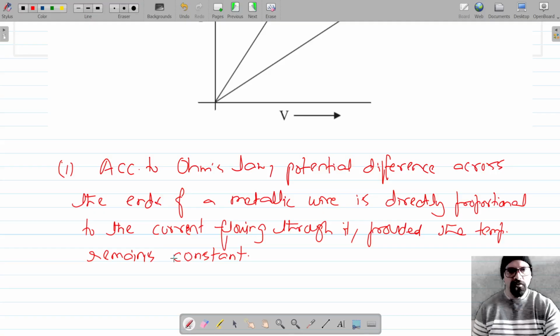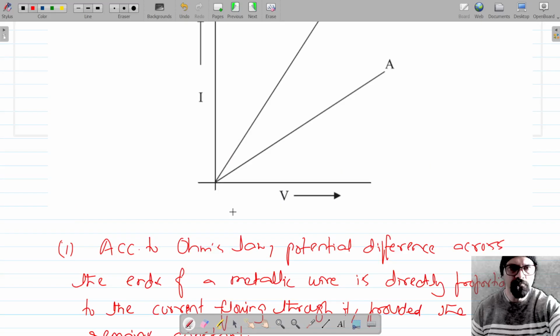Okay, this is the condition that the temperature remains constant.